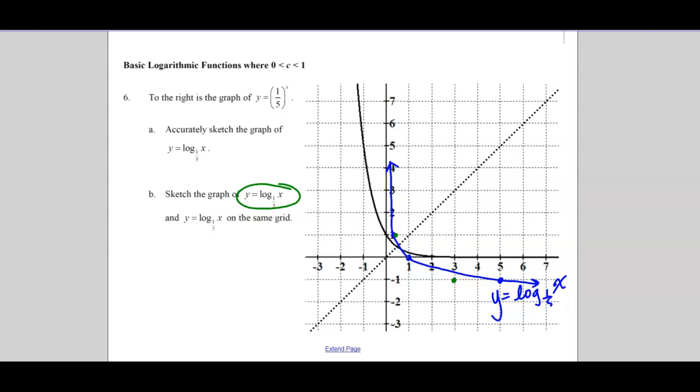You're really just doing that. And the same y-intercept. And then the red, same y-intercept. 1/7 will give me a y value of 1. 7 will give me a y value of -1.